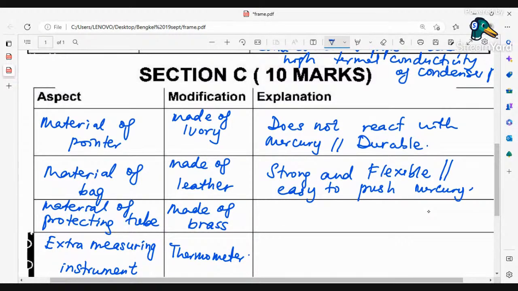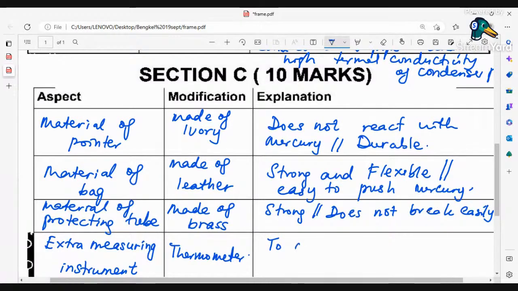Protecting tube made of brass. Brass is stronger. You can put your answer as strong. You can see it does not break easily. Because we need to bring the Fortin barometer to different positions, maybe high places. So we don't want to use the glass one. So brass does not easily break. Okay. Extra equipment, thermometer.